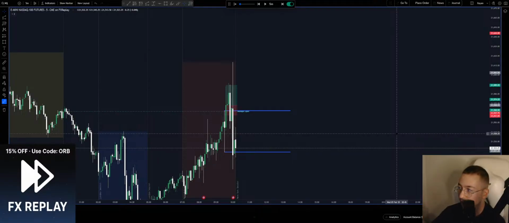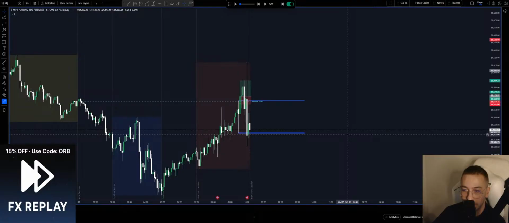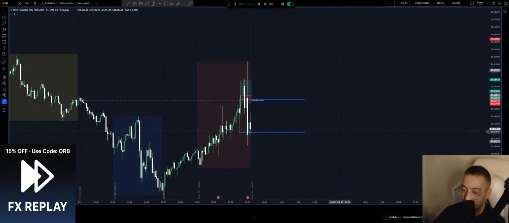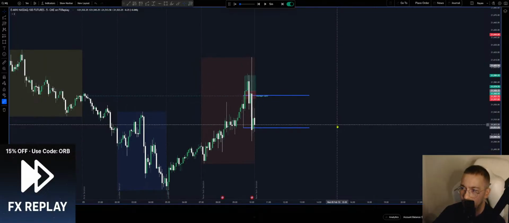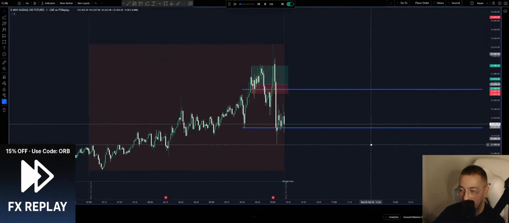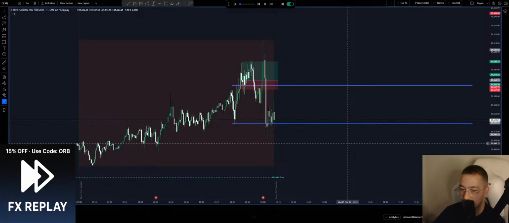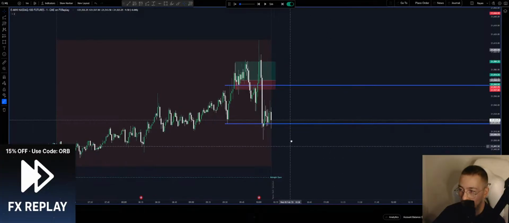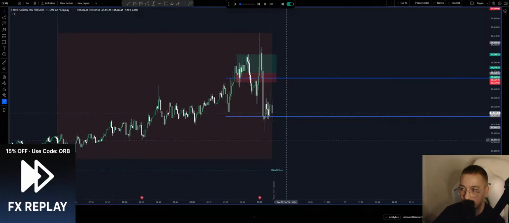You're entering with me, and then you might just go mental and revenge trade and blow an account because my trade did not work, and this makes me feel really guilty. I realized that, so I don't want anyone to lose because I entered a trade.